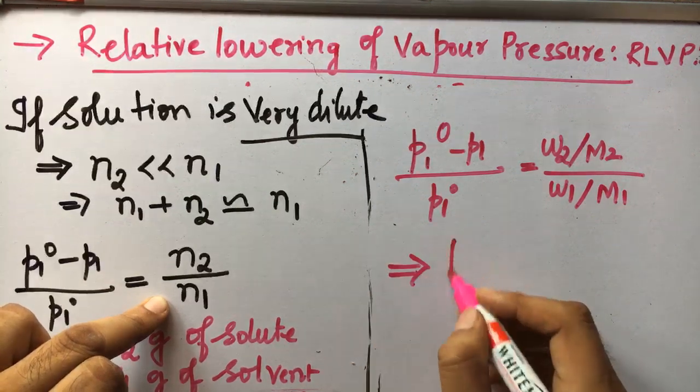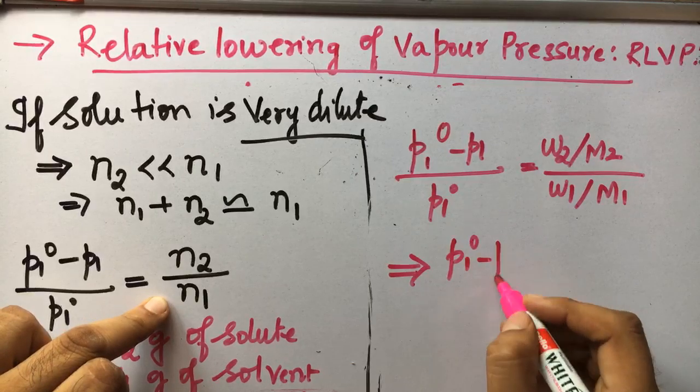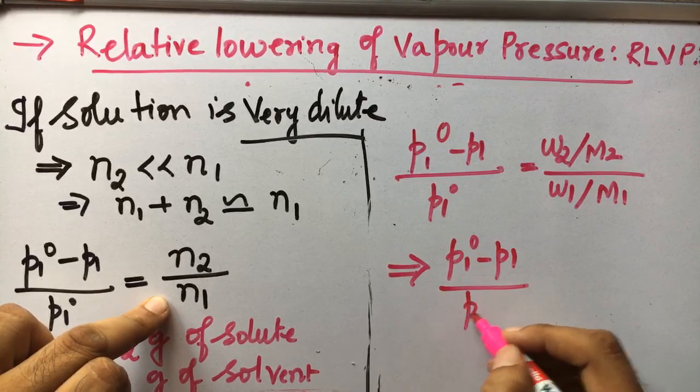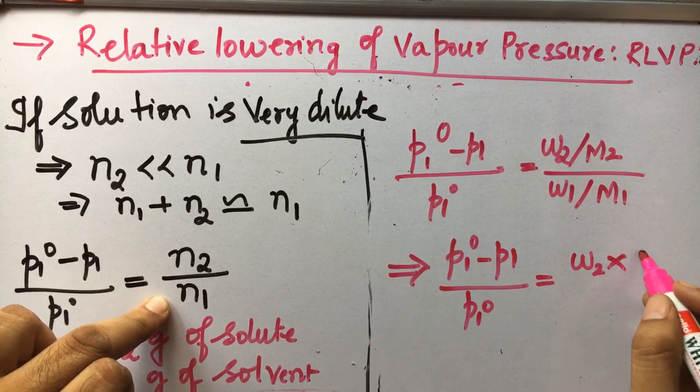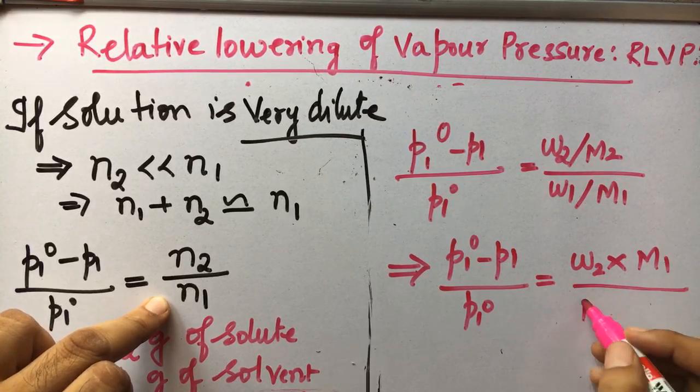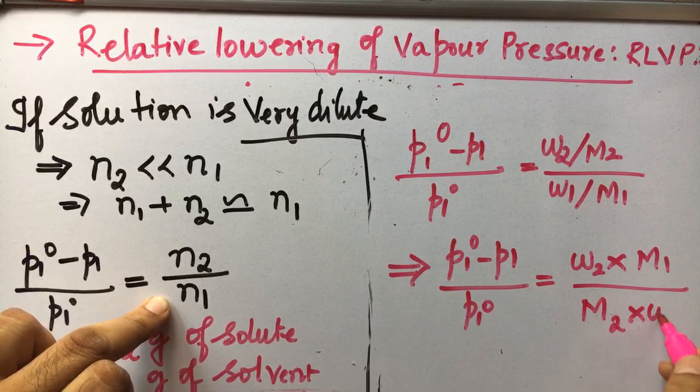Ultimately, we have to remember this equation: (P1 naught minus P1) divided by P1 naught equals W2 into M1 divided by M2 into W1.